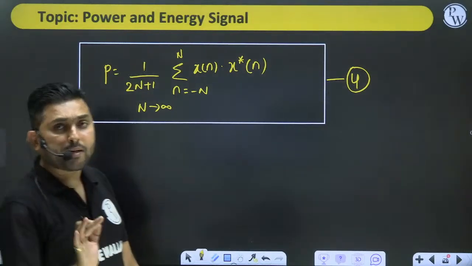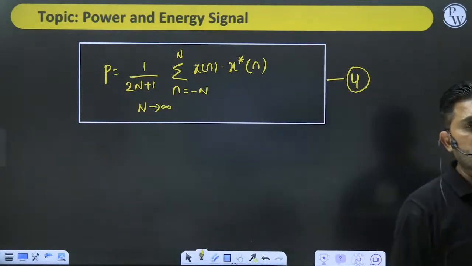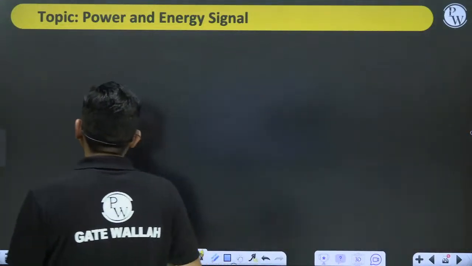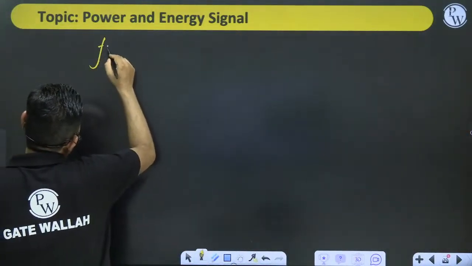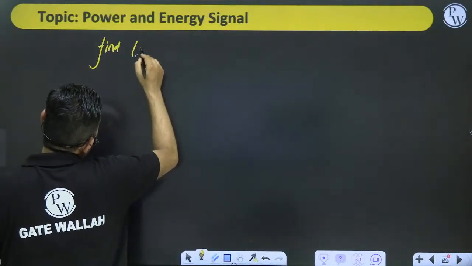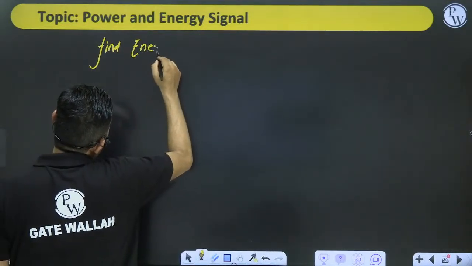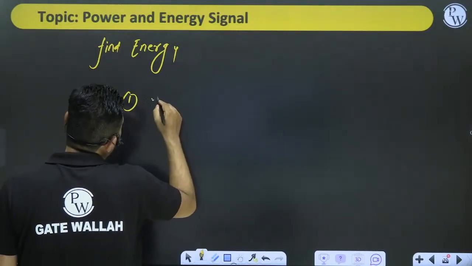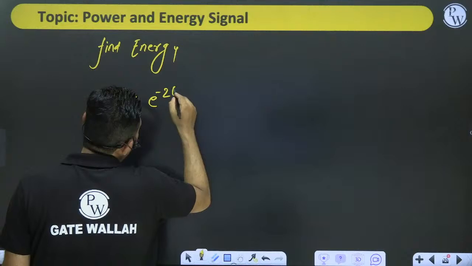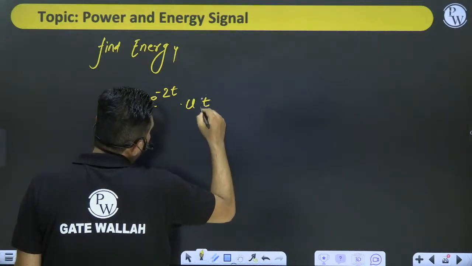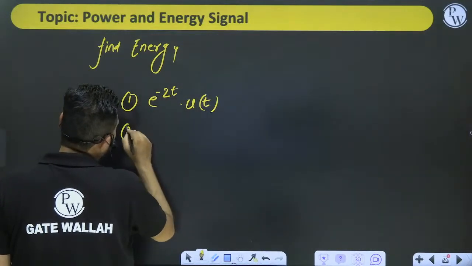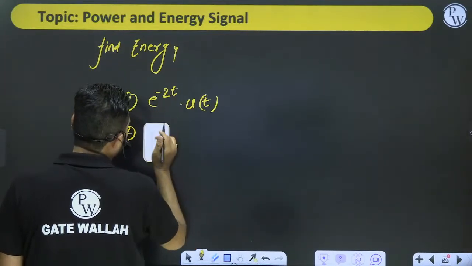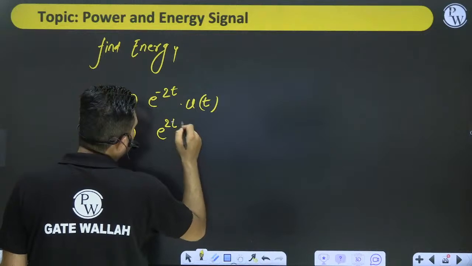Now I'm giving you some examples. Take it as homework and solve it for energy and power of a signal. So let's take, find energy. First is e to the power minus 2t u(t). Second is e to the power 2t u(t), e to the power 2t u(minus t).